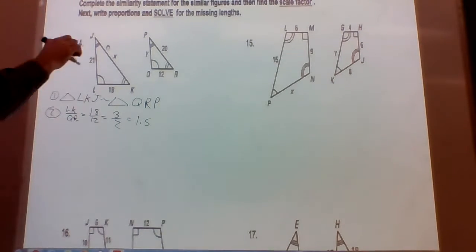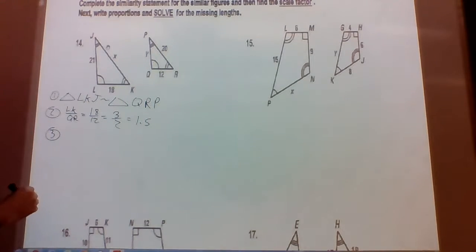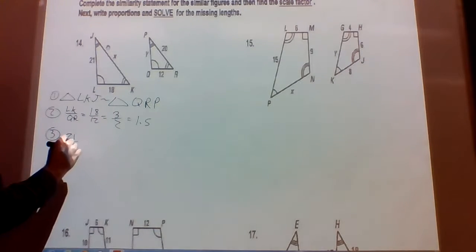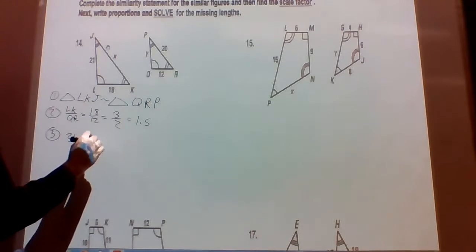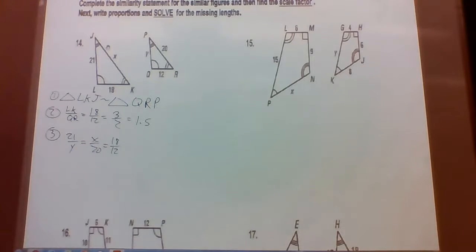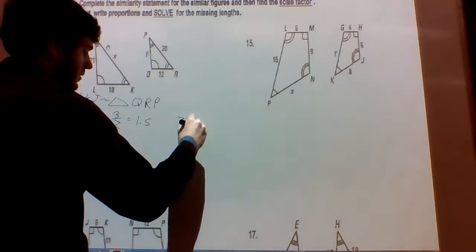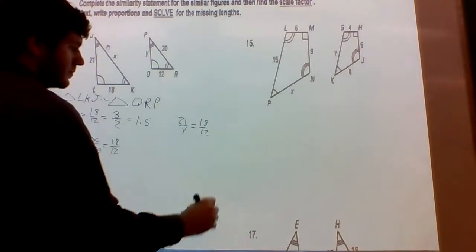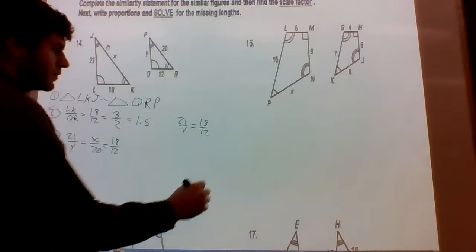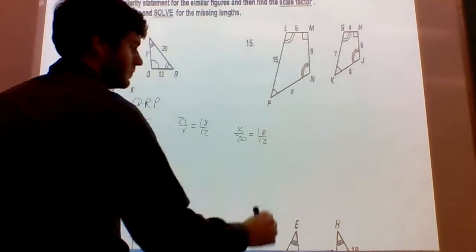Okay. Third thing we need to do is solve for the missing lengths. So we know 21 corresponds with y, x corresponds with 20, and 18 corresponds with 12. 21 over y is going to equal 18 over 12. We also know x over 20 is going to equal 18 over 12.